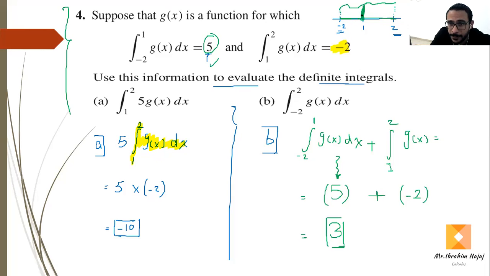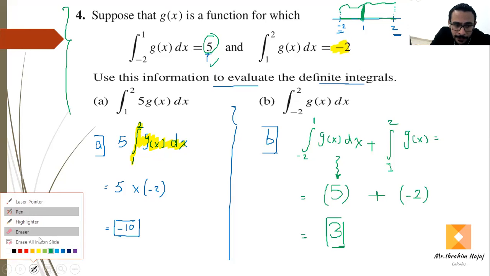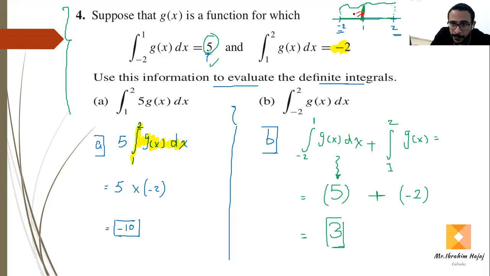No, you just substitute. You have the area from -2 to 1 equals 5, meaning the area here is 5, and here it is -2, because the curve goes down below the x axis. That's why it's negative.